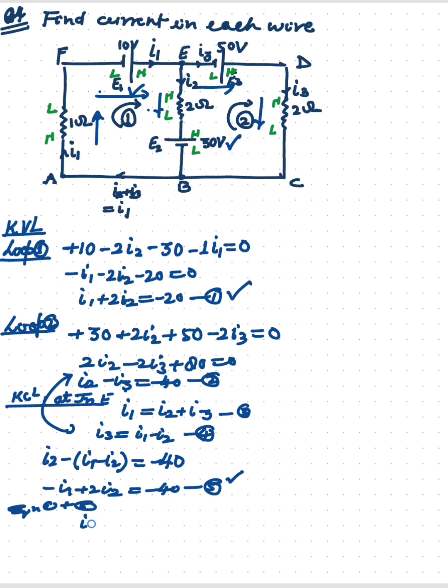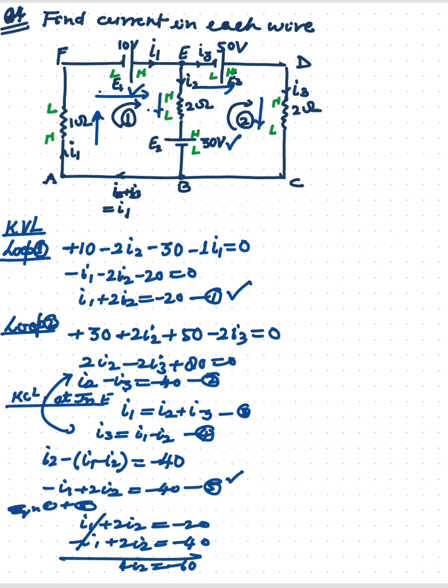Now let's write I1 plus 2 I2 equals to minus 20, and this is minus I1 plus 2 I2 equals to minus 40. So what we are getting, this cancels out. So here we are getting 4 I2 equals to minus 60.